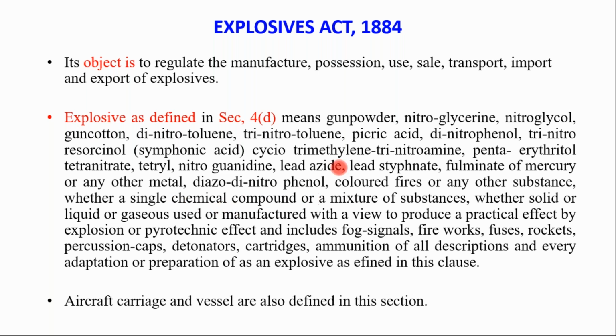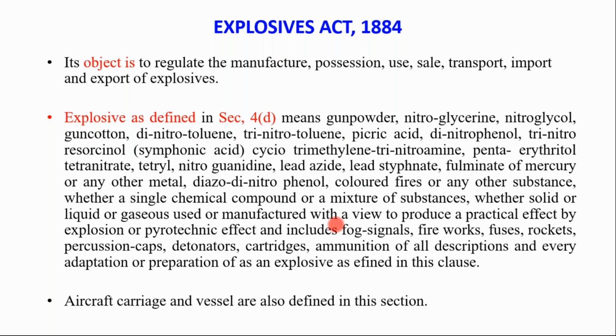If it is mentioned under these, and if these chemical substances are used, manufactured, transported, imported or exported from the industry, then it is under the Explosives Act because it is defined as an explosive.